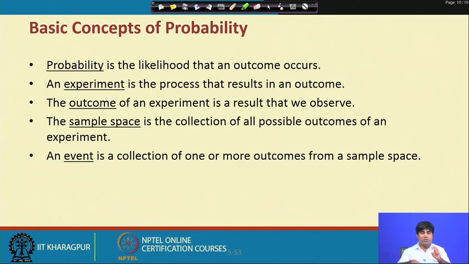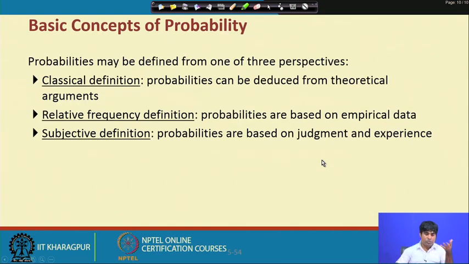Okay, so an event is a particular item in the sample space, and the examples which I have already given are problems which you can analyze through probability. For instance, suppose you are tossing one coin, how is the output and how do you interpret it?